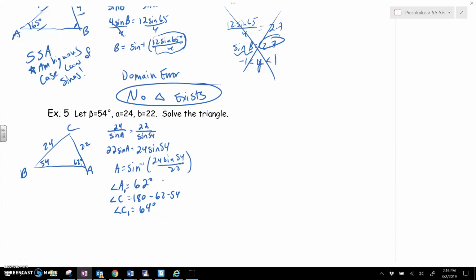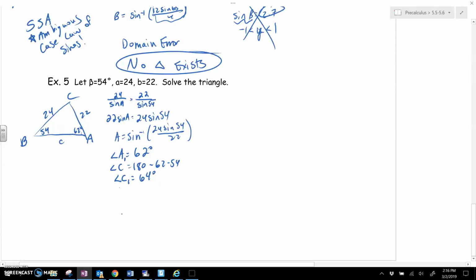54. Yep. And then last but not least, I would find side length C. So I would say that C over sine of 64 degrees equals 22 over sine 54.